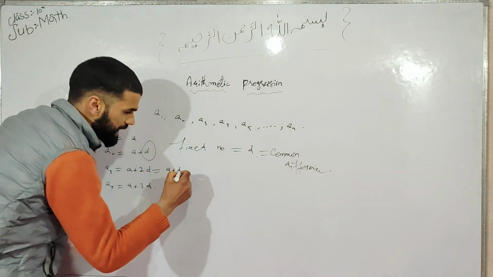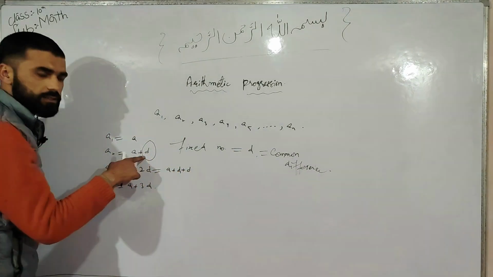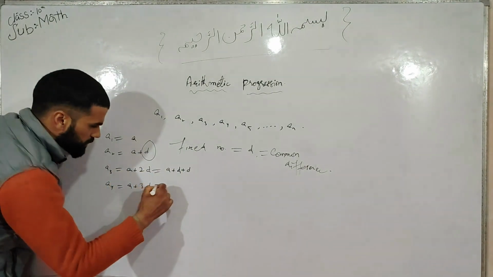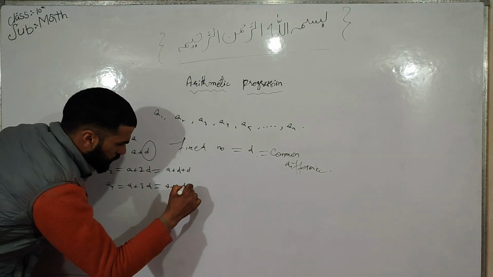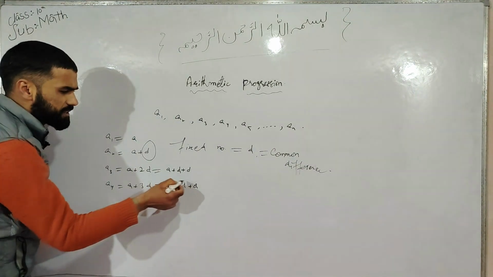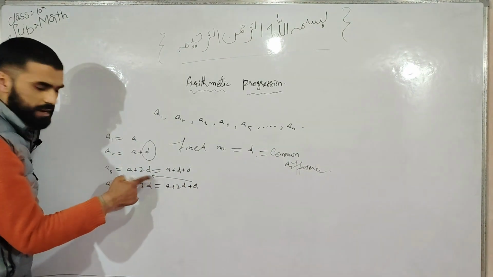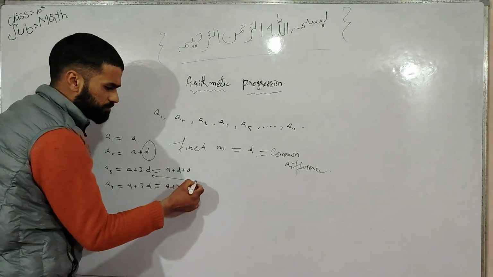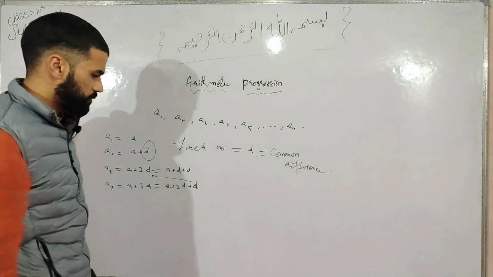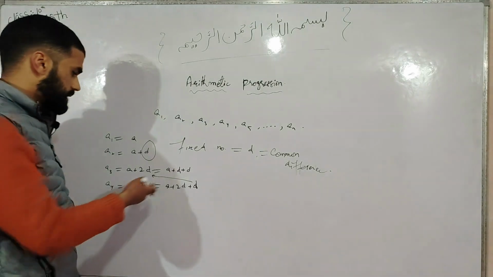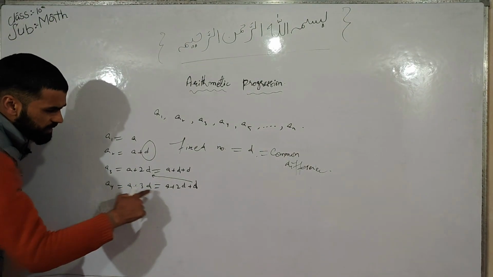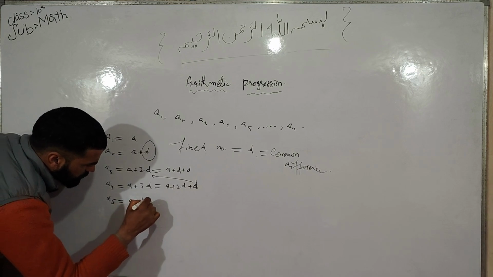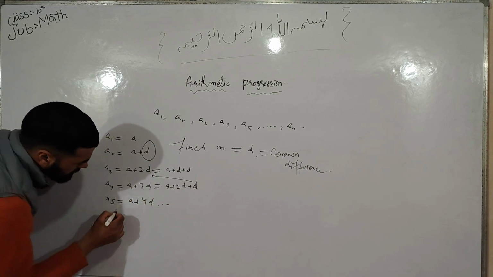Fixed number is d, so we have to add one more d to this preceding term, so that will be a plus 2d, and similarly this will be a plus 2d plus d, because we have to add a fixed number to the preceding term, and the preceding term is a plus 2d, so a plus 2d plus d, because this is your common difference, and this will be a4, so a4 is a plus 3d, and similarly a5 is a plus 4d, and like this and so on.